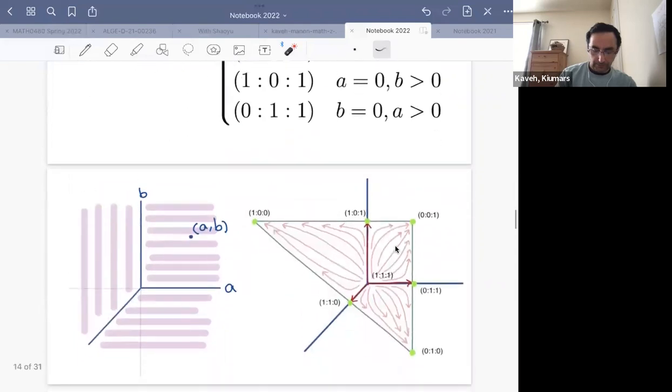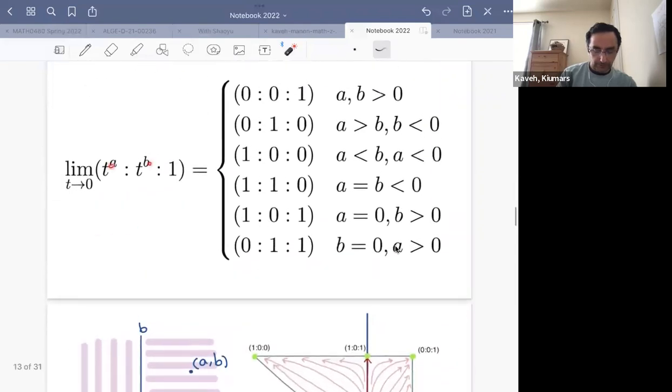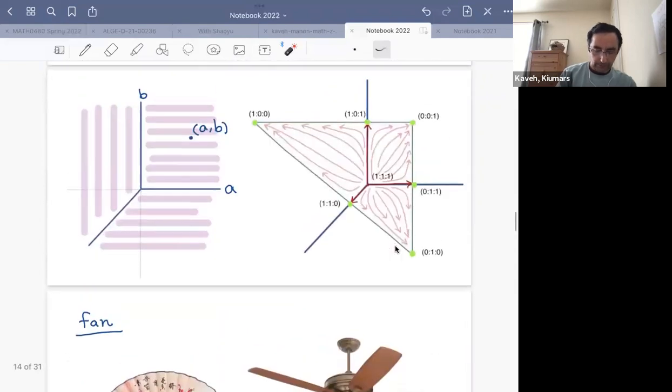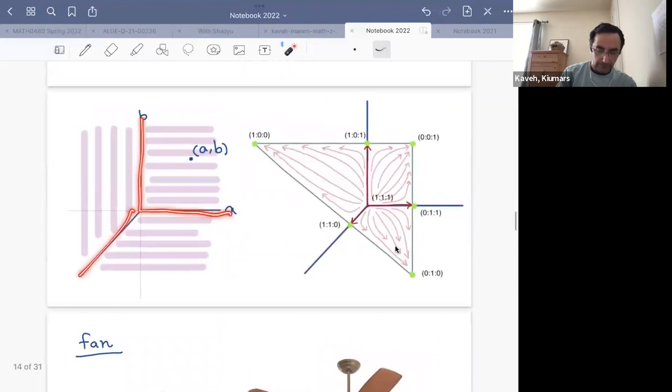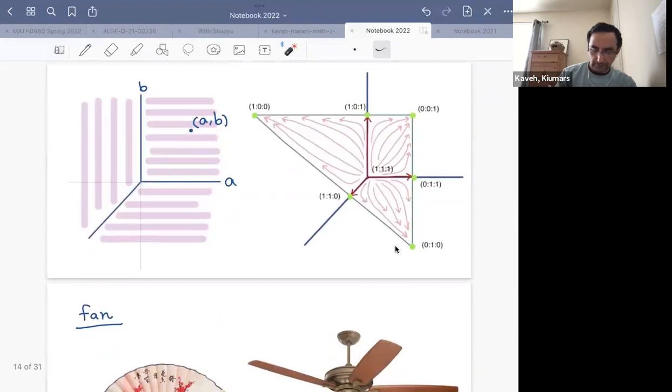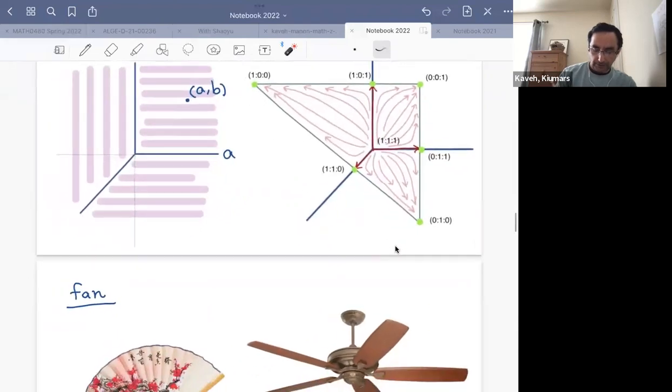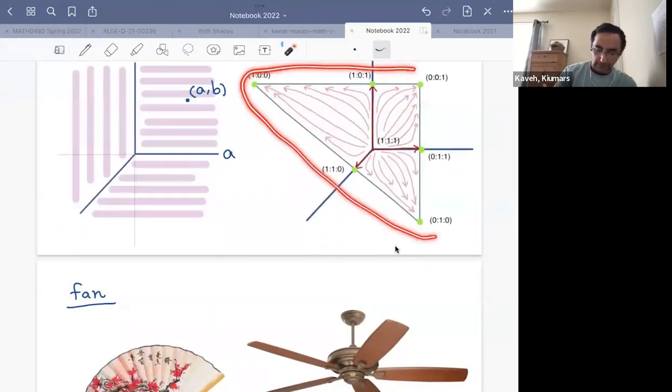Depending on where this (a, b) lands, according to these inequalities, you have different limits. So you have this picture. If the one parameter subgroup is here, you have one limit here, another limit on this ray, and so on. And this is also summarized in this triangle.